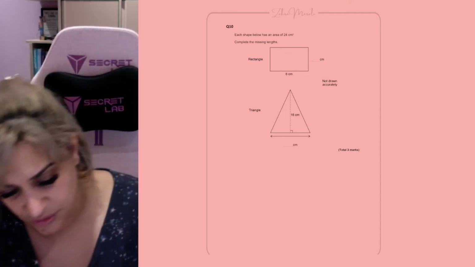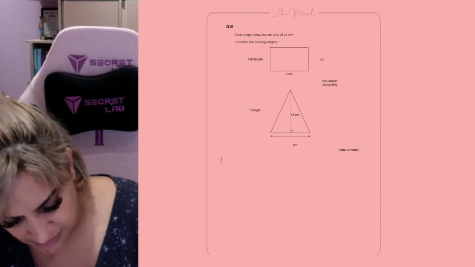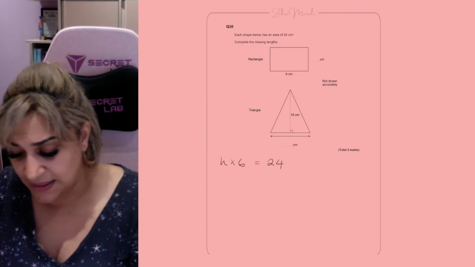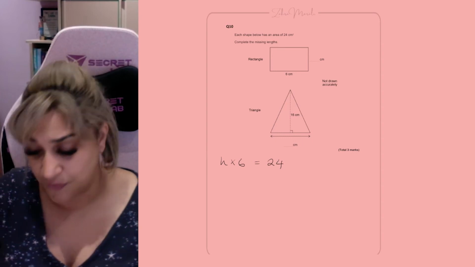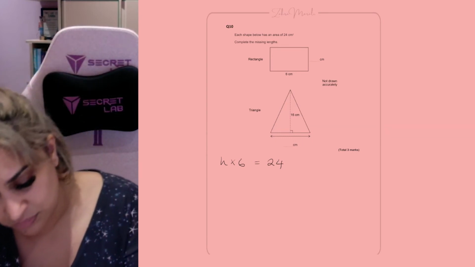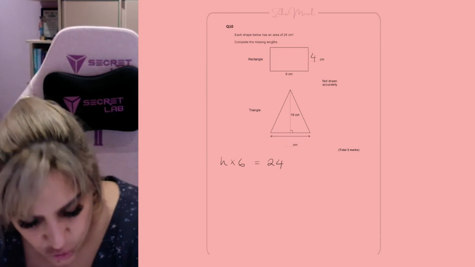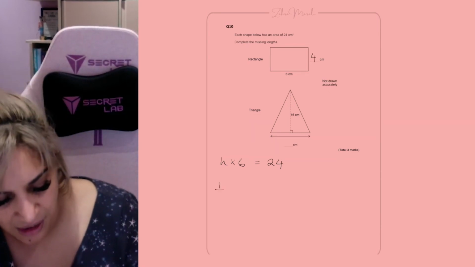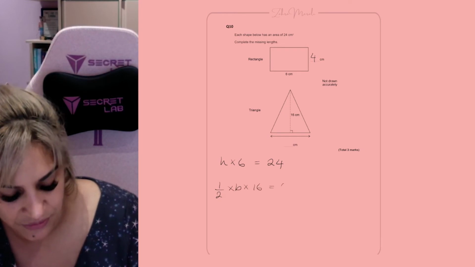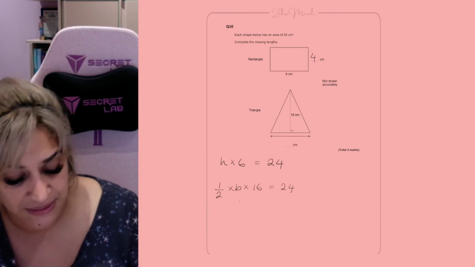So we know that the height times 6 equals 24. So something times 6 equals 24. That something has got to be 4. And for the triangle, it's half the base times the height equals 24. Half of 16 is 8.